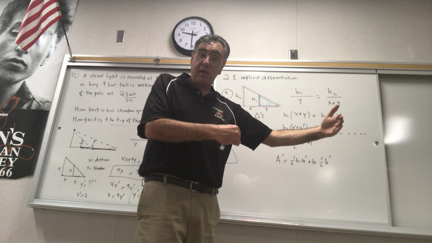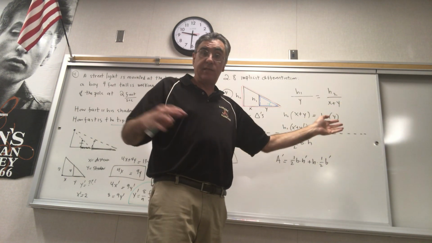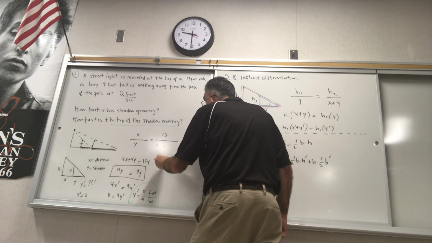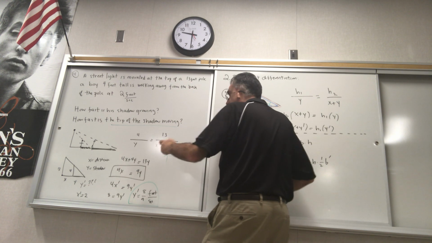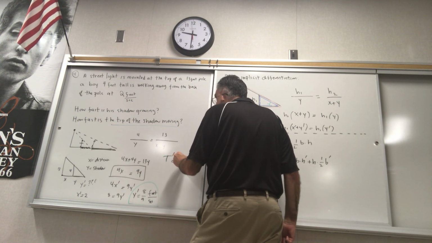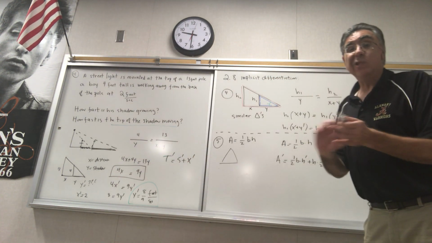Because you get the 50 for the bus, and you're on the bus, it's moving. It's kind of like when you watch people on escalators walking fast. They seem like they're walking really fast, right? So remember, the tip of the shadow is not only the shadow speed, but the boy's speed. You've got to add the two together.